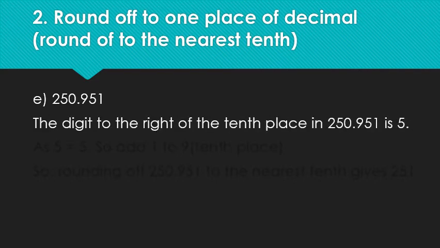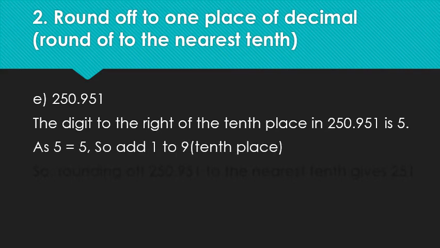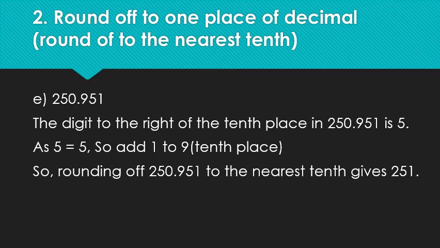And the digit to the right of the tenth place in 250.951 is 5. As 5 is equal to 5, we add 1 to the digit at the tenth place, which is 9. So we will add 1 to 9. So rounding off 250.951 to the nearest tenth will give the number 251.